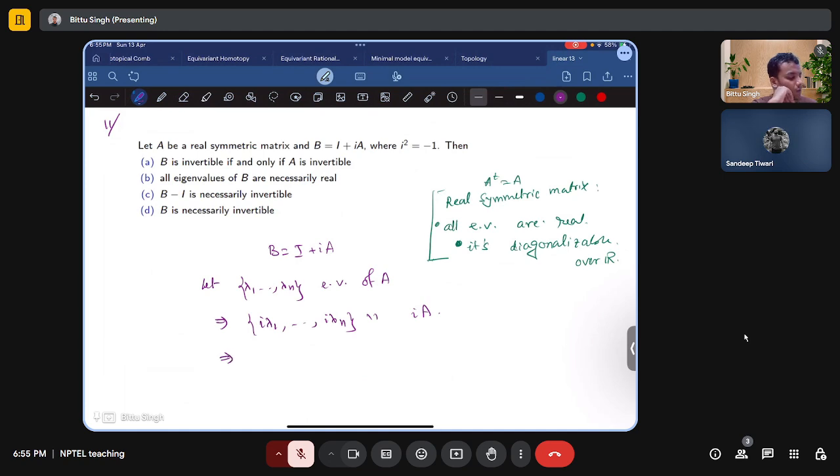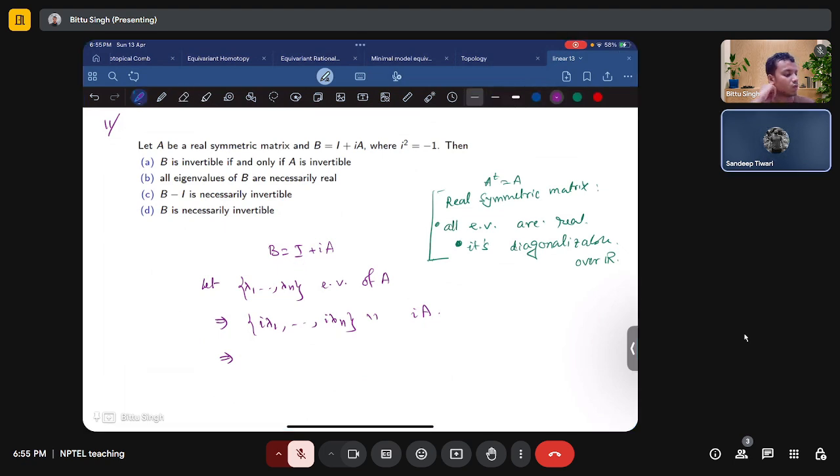Now this is a polynomial of A. So 1 plus i lambda 1, up to 1 plus i lambda n.